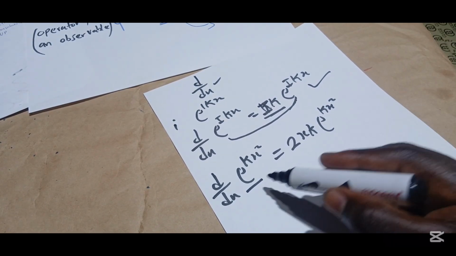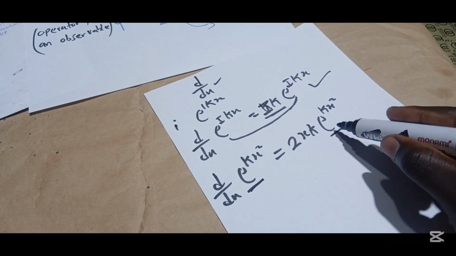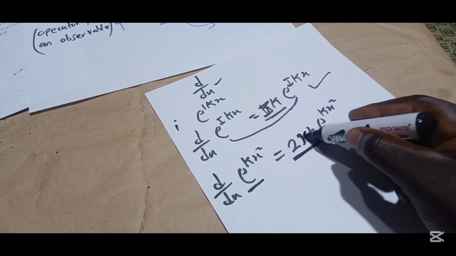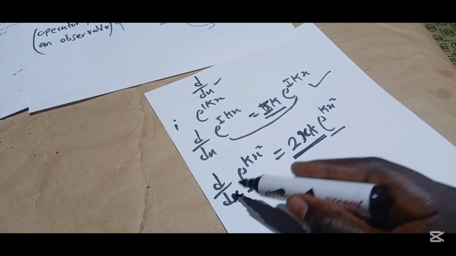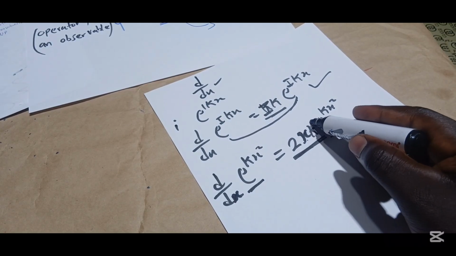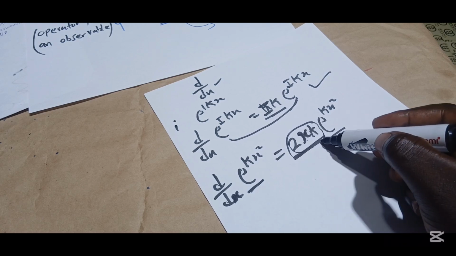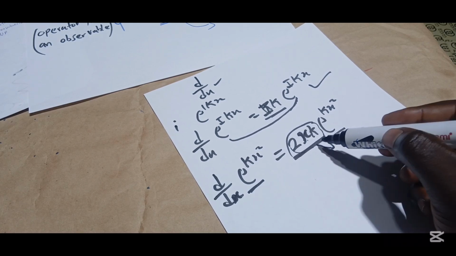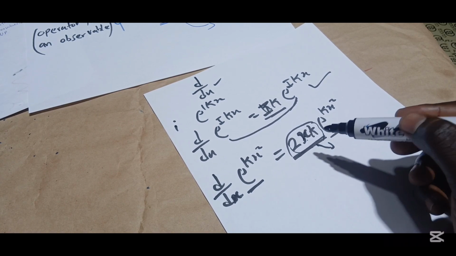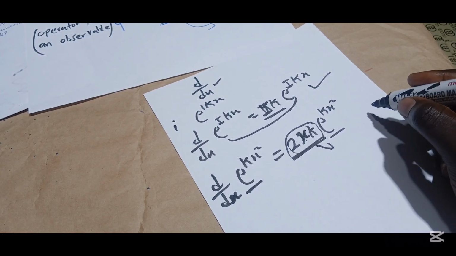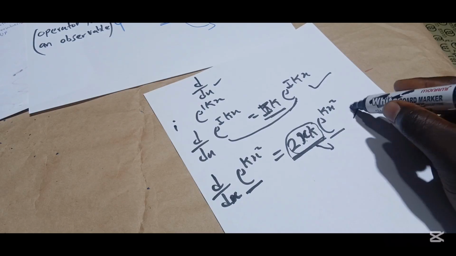Now let's compare. We have the function here, but this is not a constant, right? Because we have the variable x being part of this whole term, so it is not going to be the same constant. This will depend on the value of x. So this is no more a constant, so this is not an eigenvalue equation, right?